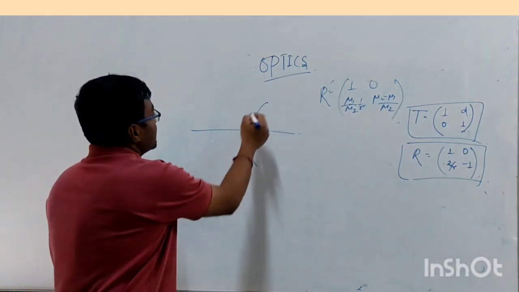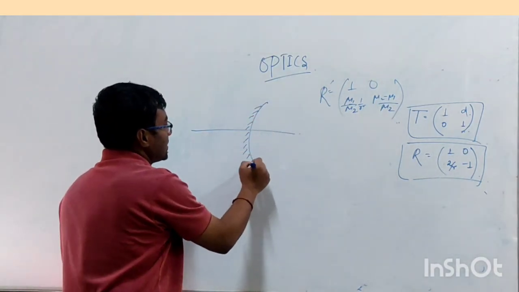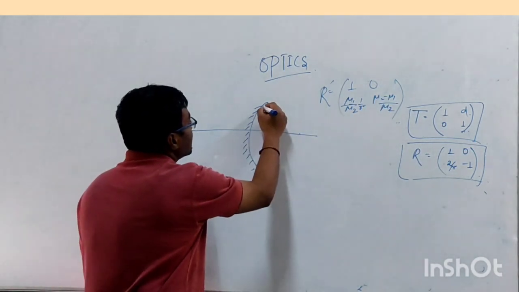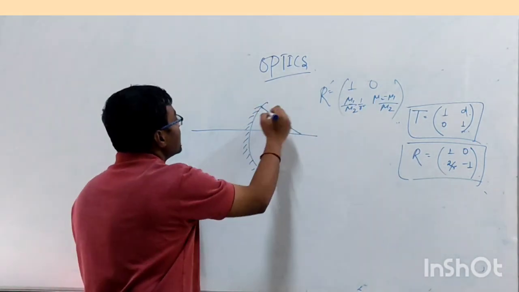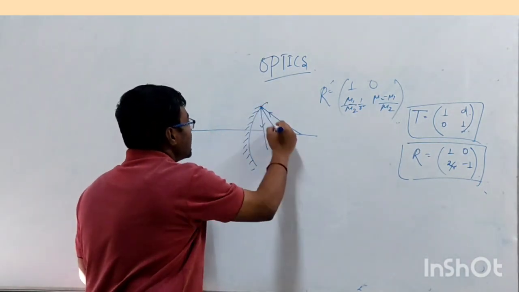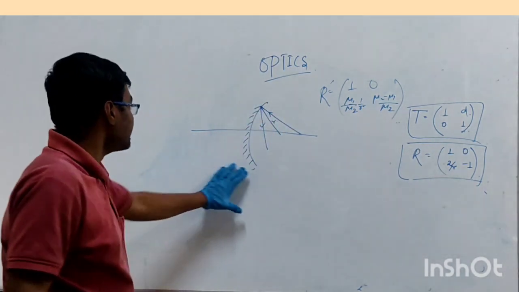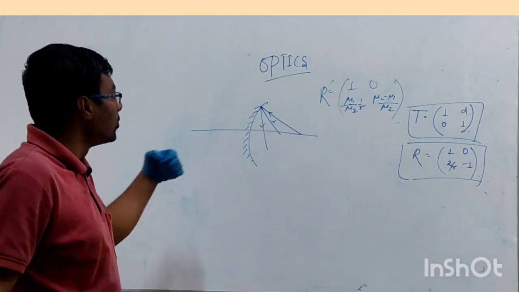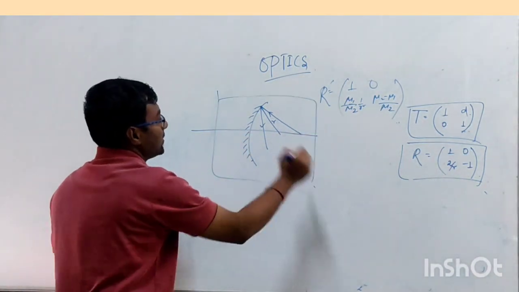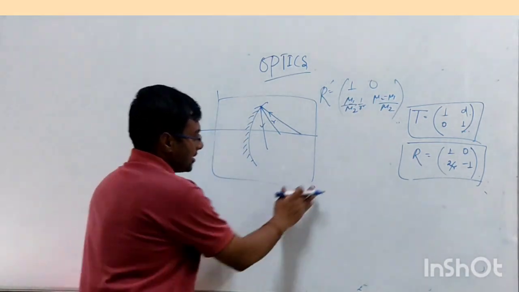Reflection by the curved surface. So for that case, that is the incident ray, and that is the reflected ray, and that is the radius of curvature. So how many operations happen in this phenomenon? Three types of operations are there.